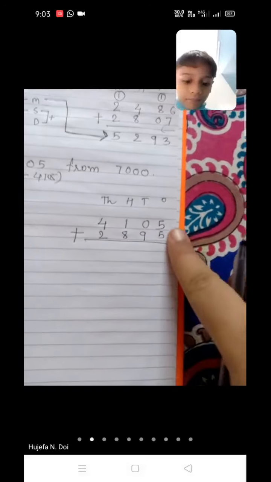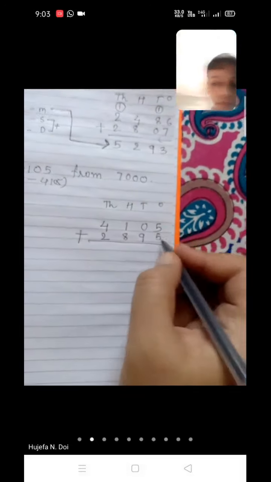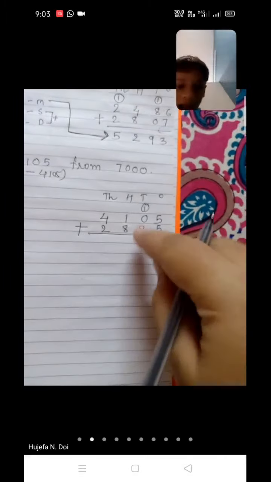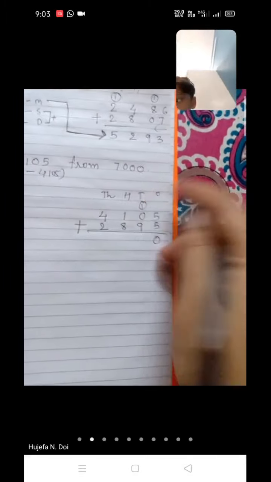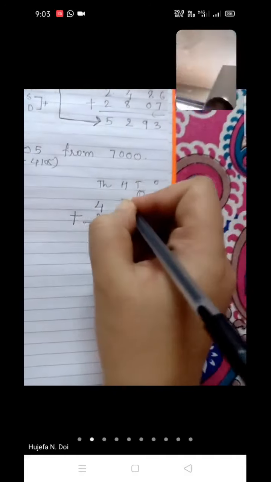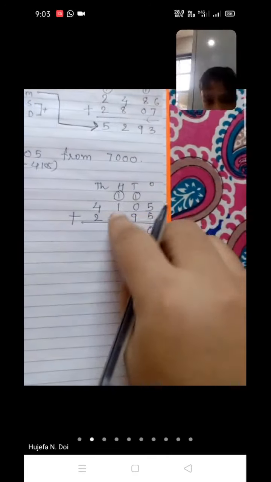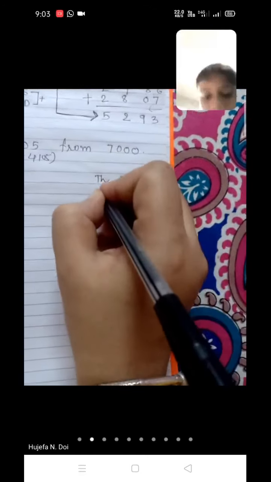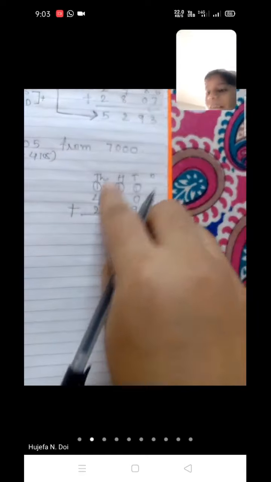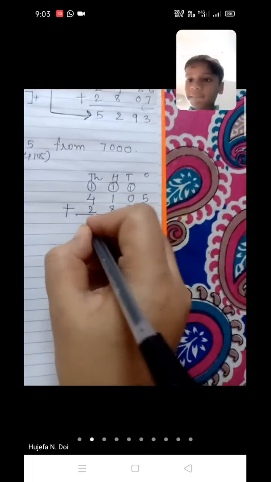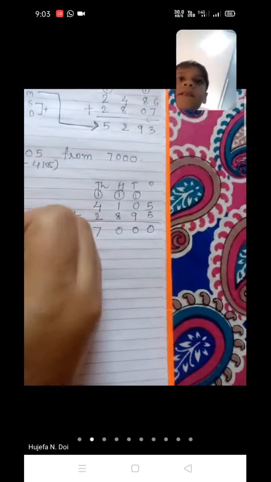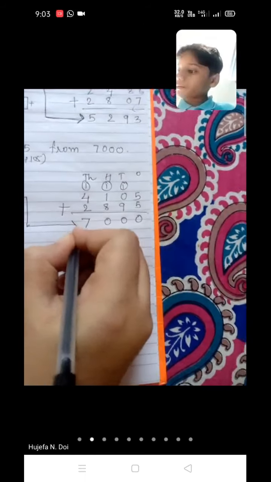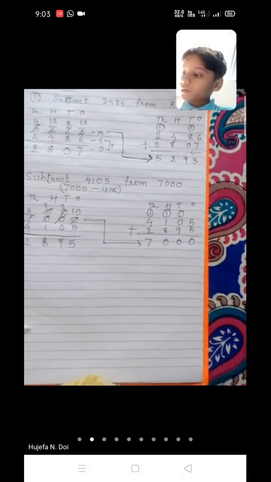Start from the ones place. 5 plus 5, 10, 0, 1 carry. 9 plus 1, 10, 0, 1 carry. 1 plus 1, 2, 2 plus 8, 10, 0, 1 carry. 4 plus 1, 5, 5 plus 2, 7. Answer is 7000. Both are the same. So your subtraction is correct. Your subtraction answer is right.